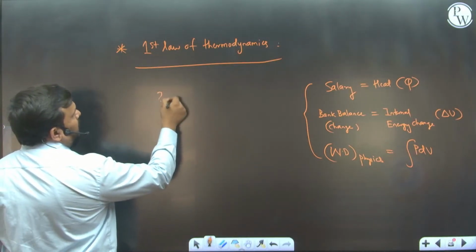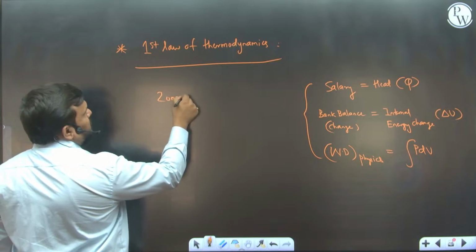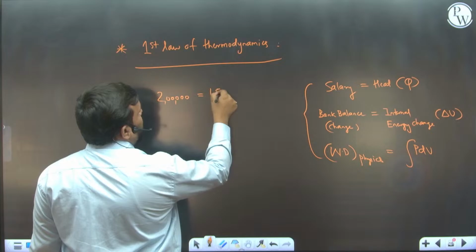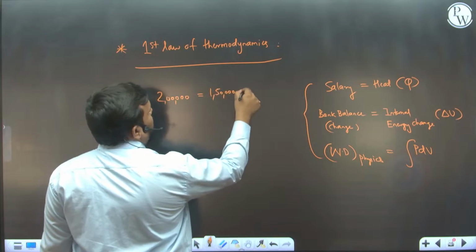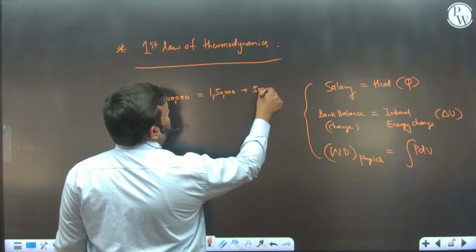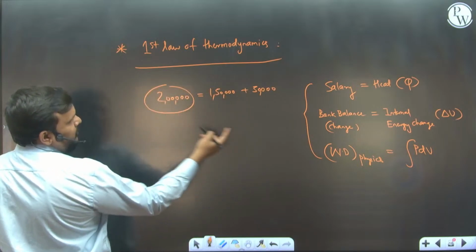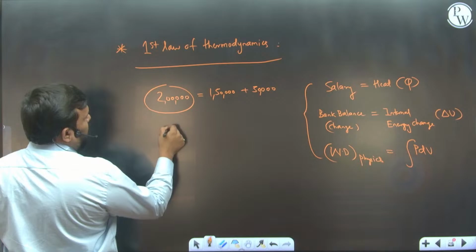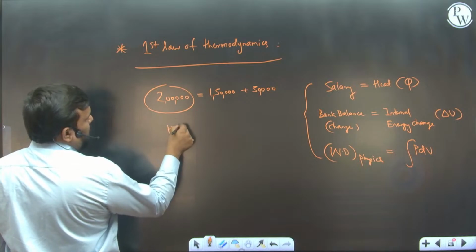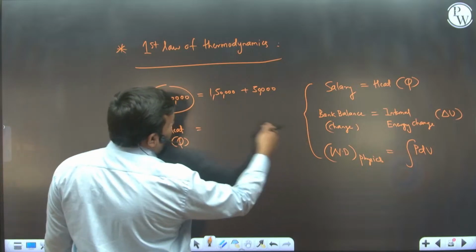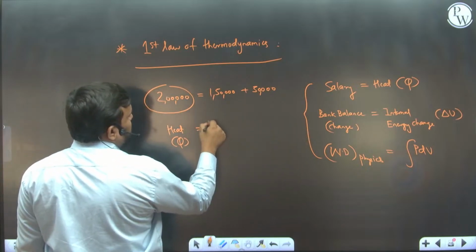It is like 2 lakhs is equal to 1,50,000 plus 50,000. This is our salary, which is equal to heat, denoted by Q. 1,50,000 is our change in bank balance.